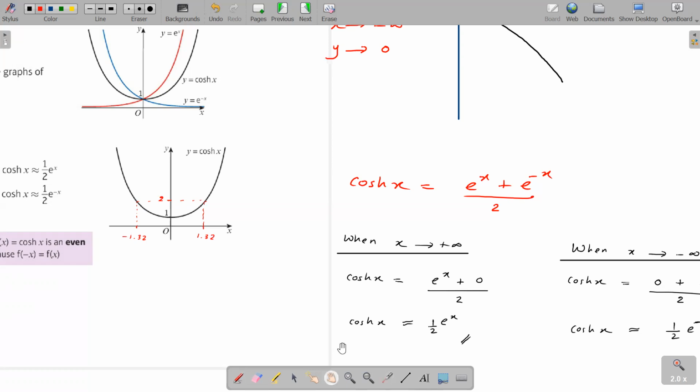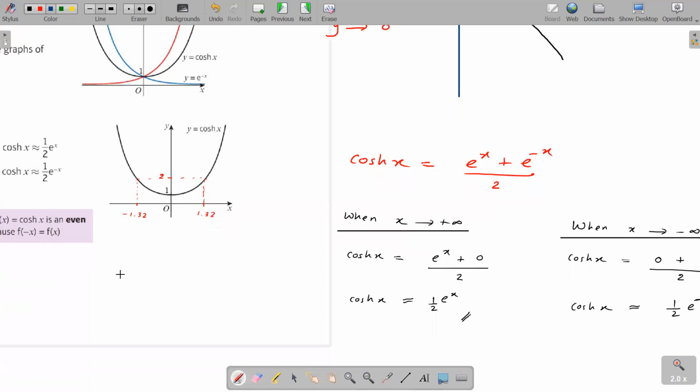The other thing I want you to understand here is if I ask you to solve cosh x equal to minus 1, what do you have to say? You need to immediately understand the cosh x graph is never going to reach minus 1. The lowest it reaches is plus 1, and anything above that is fine. So in this case, there are no solutions.